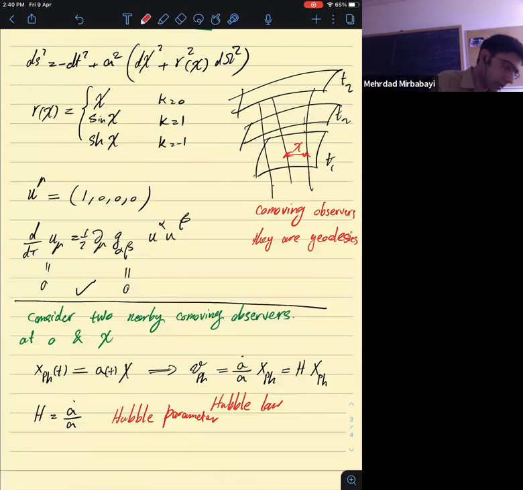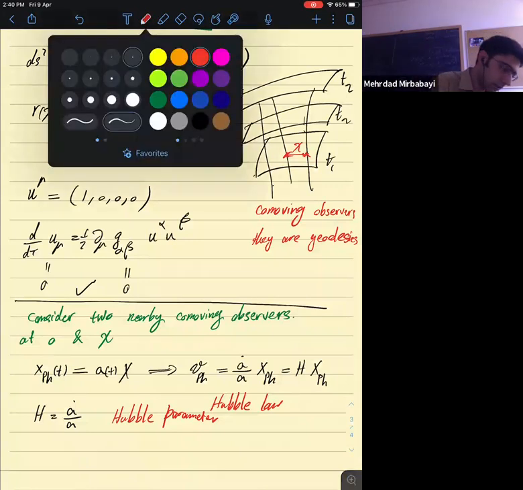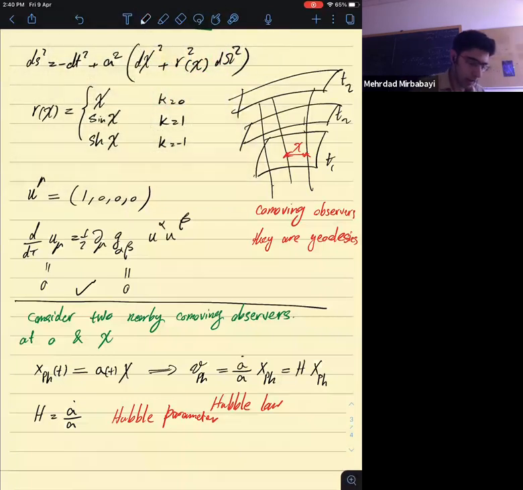So therefore, this is normally measured in kilometer per second divided by megaparsec. So in our universe, the current value of H, which is called H naught, means the current value, of course, this is a function of time in general, is approximately 70 kilometer per second per megaparsec.